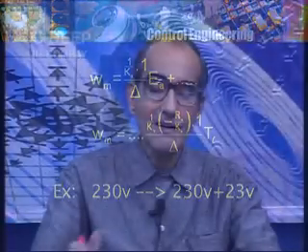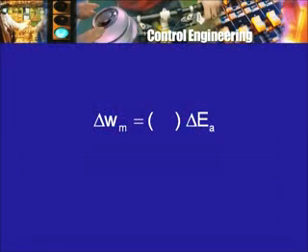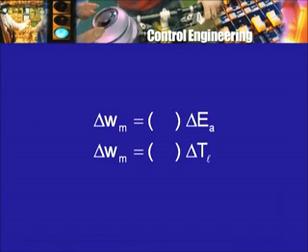So in fact one can write things like delta omega m, the change in speed, if EA changes by a certain amount, TL remaining the same, will be that coefficient of EA into delta EA. Similarly, if TL changes, EA remaining the same, then delta omega m will be the coefficient of TL multiplying delta TL.